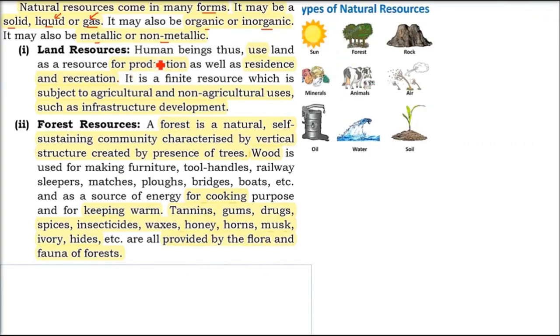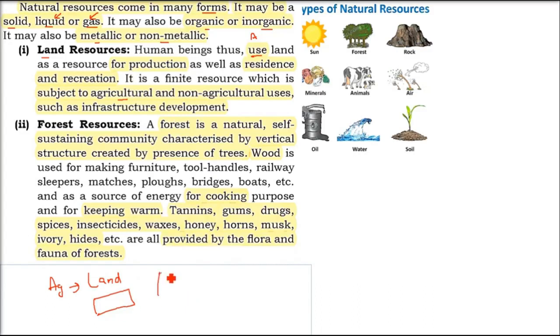So we are talking about land resources. Land resources, because human beings, plants, animals, they all use land, soil, because we are producing our food from there. Agriculture is done on land only. We are doing recreation also, and we live here. Our residences, our buildings, our high-rises are on these land resources only.